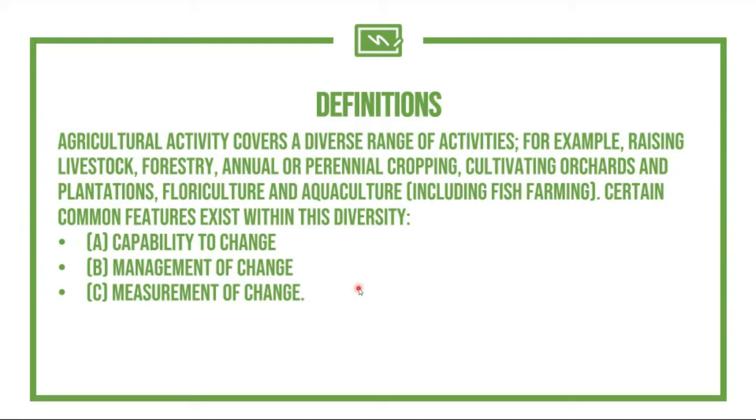Measurement of change may mean measuring the age, the length, the size of the fruits, the ripeness levels of the fruits or whatever. So there are basically different types of measurement criteria for measuring the change of these particular assets, because it depends from one biological asset or agricultural produce to another.